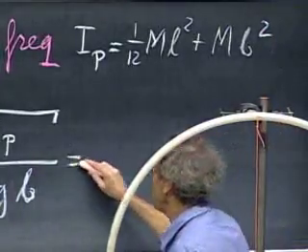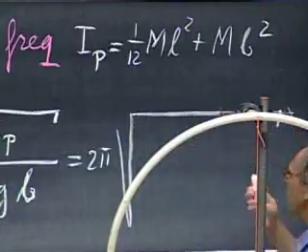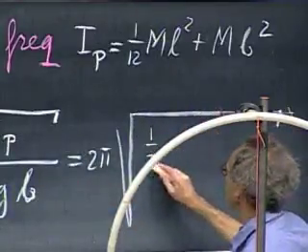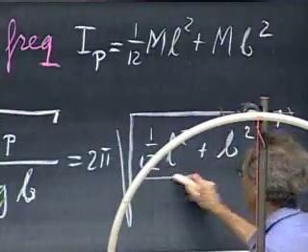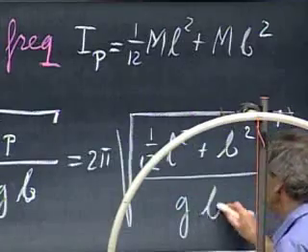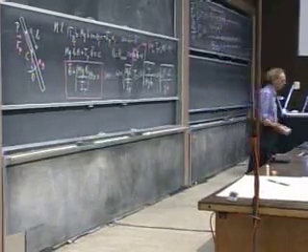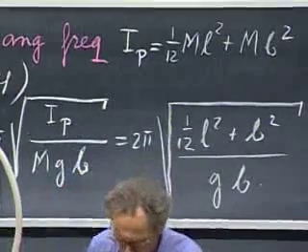And so now we find that the period is 2 pi times the square root of, I lose my m, so I get 1/12 L squared plus b squared, and I get here gb. And that is a very simple result when you come to think of it. I mean, this would have been a complete headache to do in any other way.